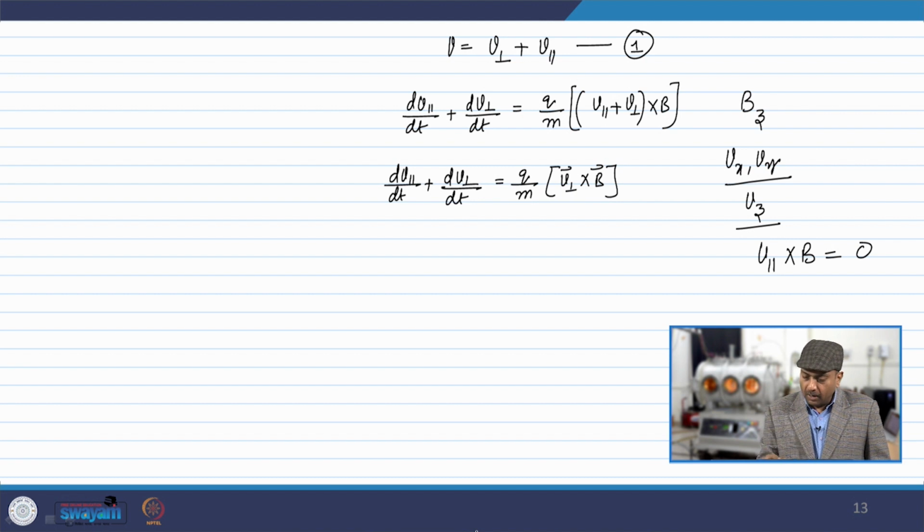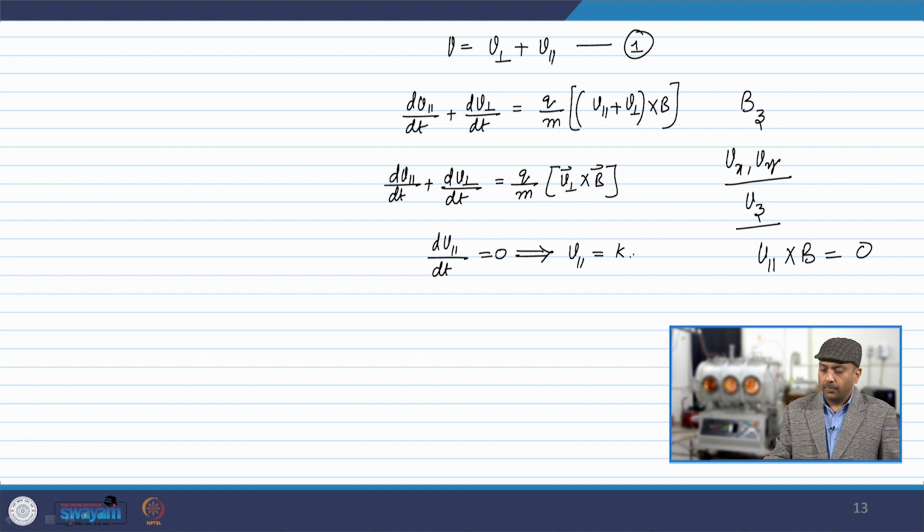Right. Now, let us split this equation into two equations. dv parallel by dt is equal to 0, which means v parallel will remain a constant, and dv perpendicular by dt is equal to q by m v perpendicular cross b.